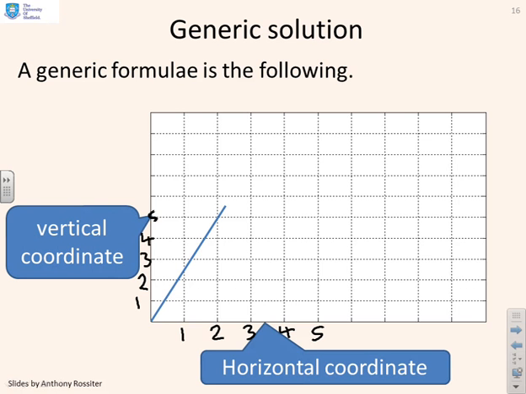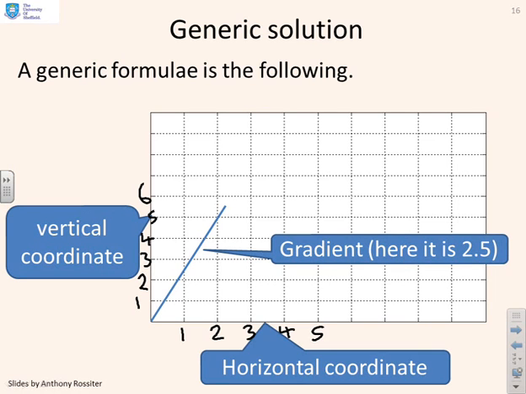Okay, so 1, 2, 3, 4, 5, 6, and so on. Now, can I work out the gradient? Hopefully it's obvious to you here that the gradient is 2.5. You can see if I've gone along 1, then I've gone up by 2.5. So the gradient is 2.5.